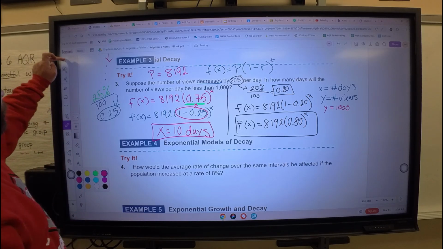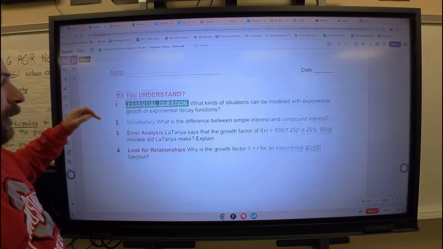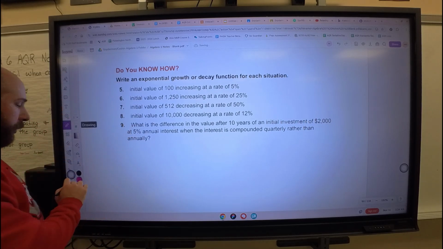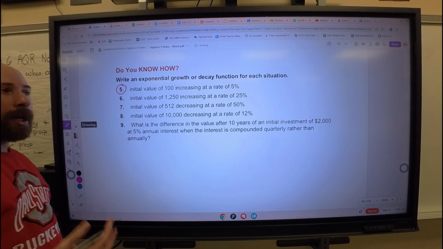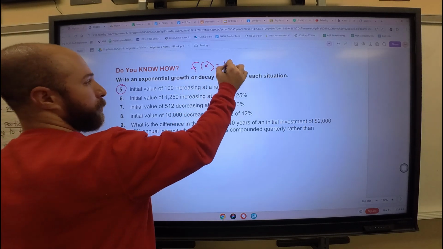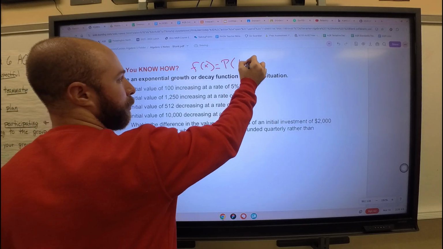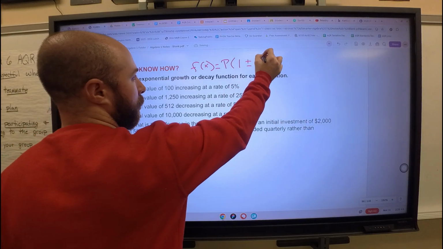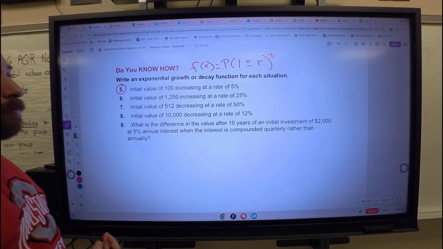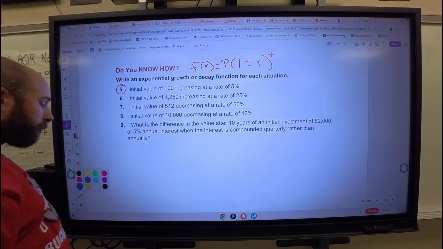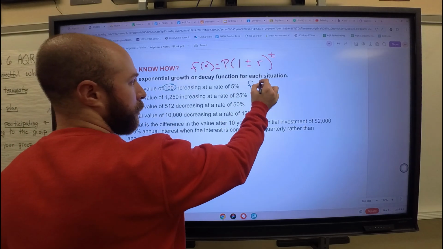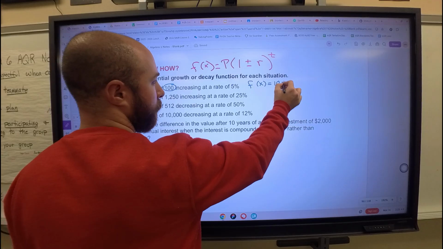All right. Let's flip to the next page. We are going to take a look at a couple of these other questions here. Let's look at number 5. We are writing our functions. So again, f of x equals p times either 1 plus or 1 minus r to the t, right? Plus if it is growth, minus if it is decay. So if we look at 5, it says an initial value of 100. So that's our p.